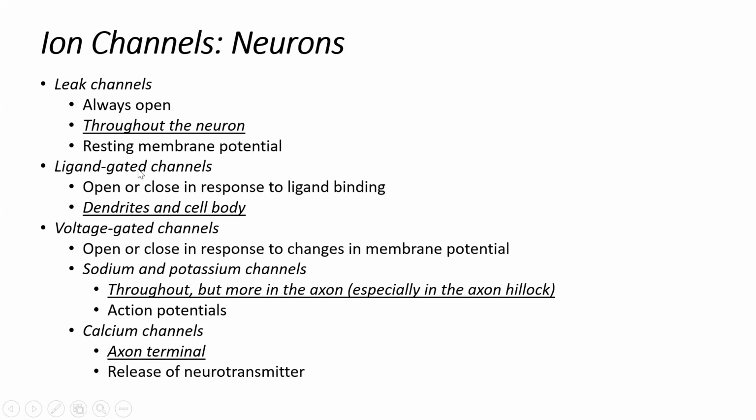And these ligand-gated channels are only found on the proximal part of the neuron, so around the dendrites and along the soma, or the cell body, and that would make sense. This is where we're going to start that second stimulus coming into the neuron that can be propagated via an action potential and result in neurotransmitter release once again.